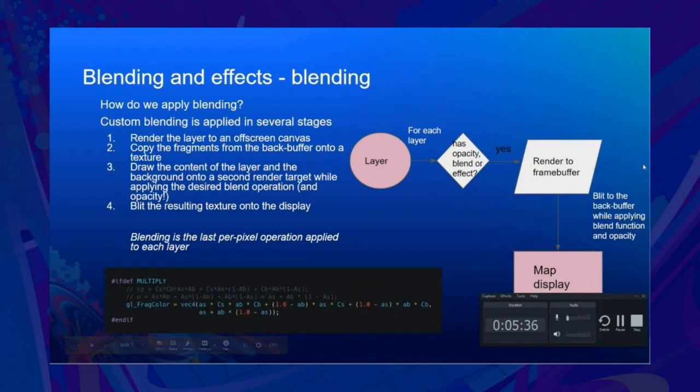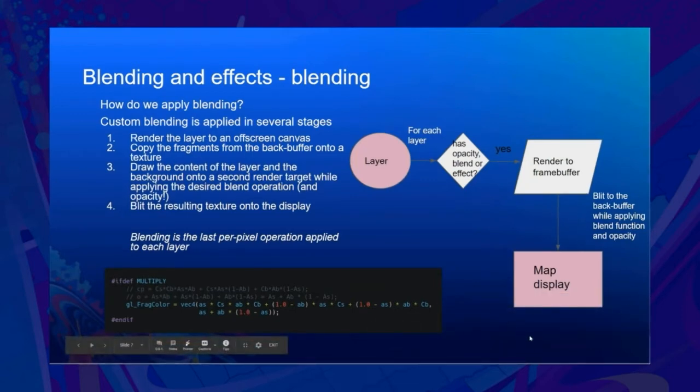Schematically, the way we are doing the blending is very much similar to how opacity works. When we render the layer, we check whether the layer has opacity, or a blend, or effect, or all of them, of course. Then at that point, we simply render the layer onto a frame buffer object. And when we blit the frame buffer on top of the map, we apply, in this case, the opacity.